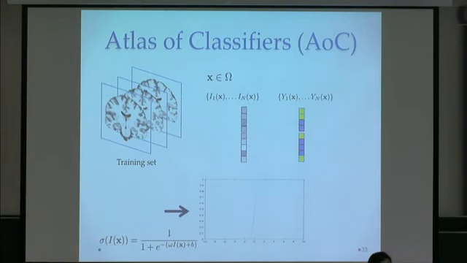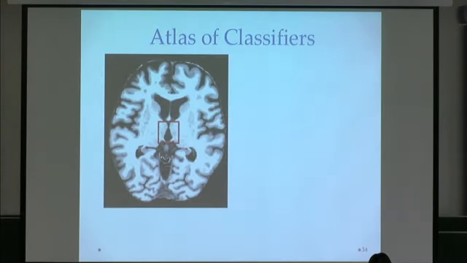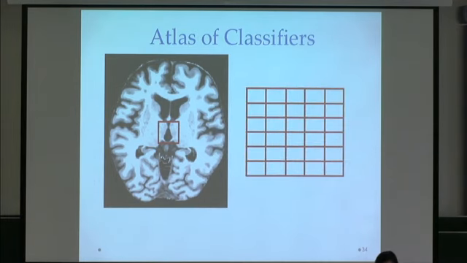So we can apply this to all the voxels in the image, and generate an atlas of classifiers. Rather than storing just the probability of being part of each of the classes or each of the tissues, we store a sigmoid, or the parameters of a sigmoid.